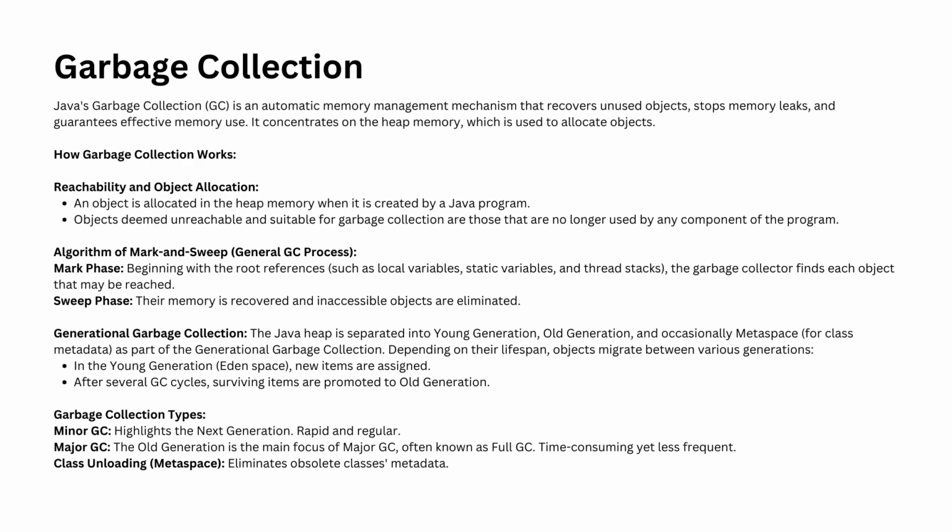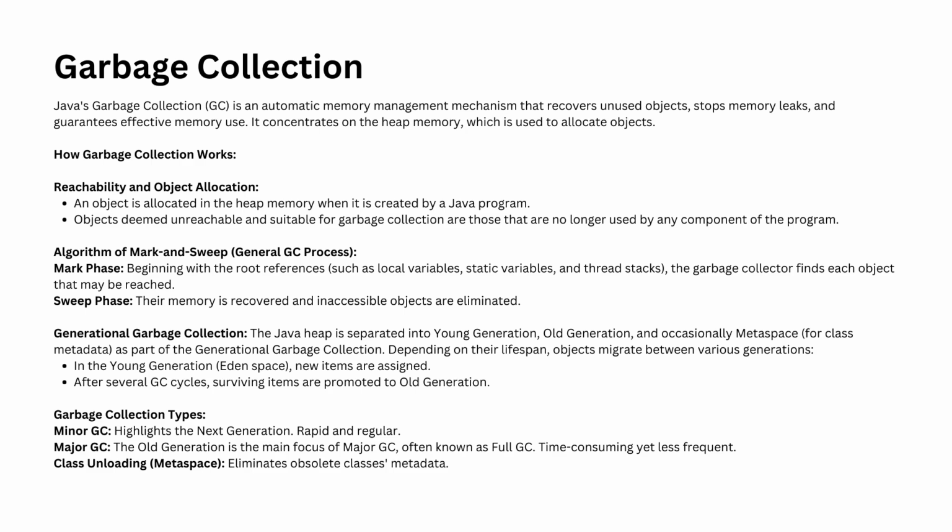We have two phases here: one is the mark phase, another one is the sweep phase. In the mark phase, the garbage collector identifies all reachable objects by starting from the root reference. It could be a local variable, a static variable, or let's say a thread stack. In the sweep phase, unreachable objects are removed and their memory is reclaimed. So this is your general GC process.